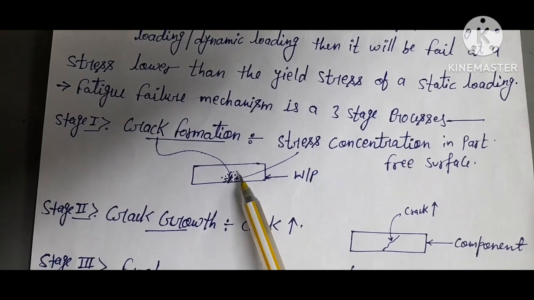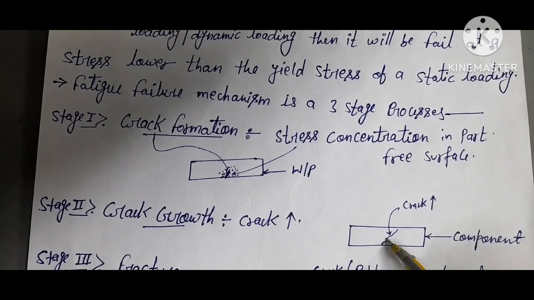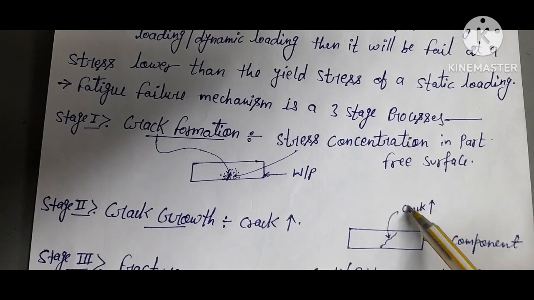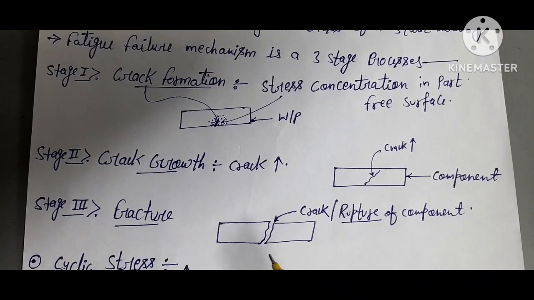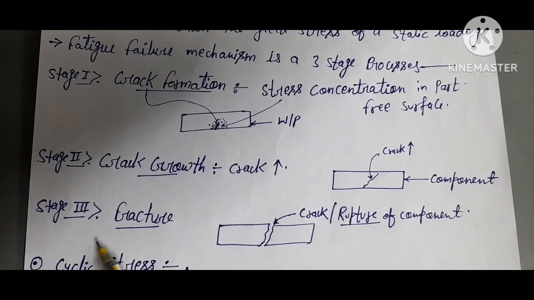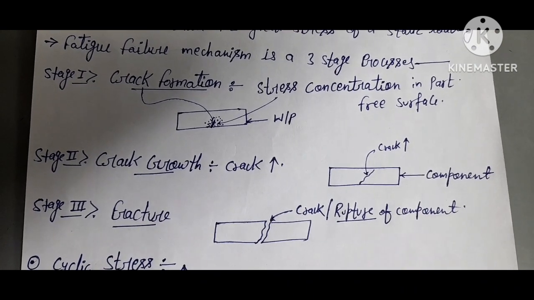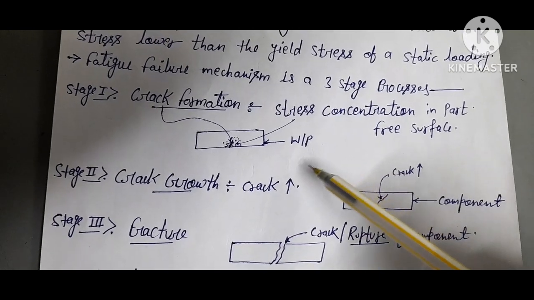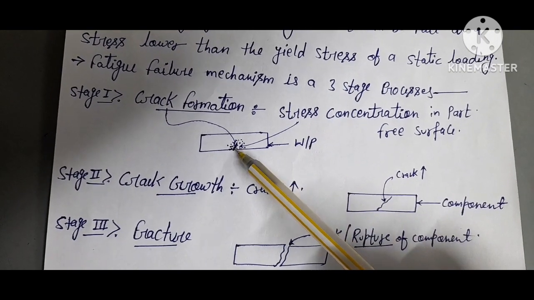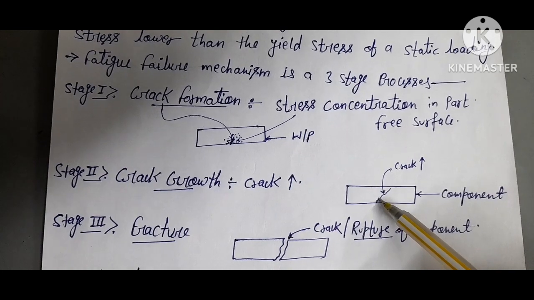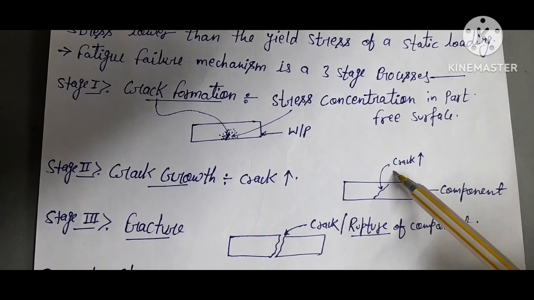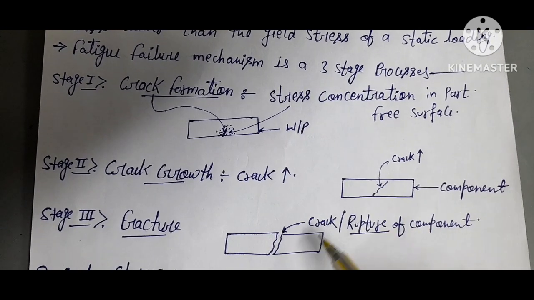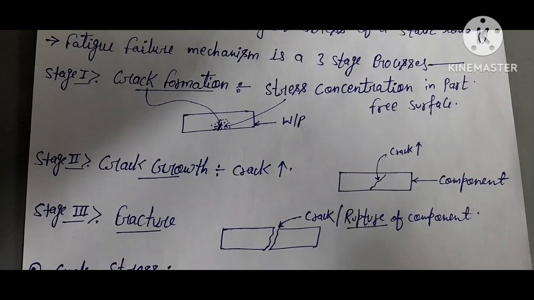From the stress concentration, crack growth will happen like this. Now in the third stage, rupture of this component: after the crack forms, in the second stage the crack grows rapidly, and after that the component ruptures completely.